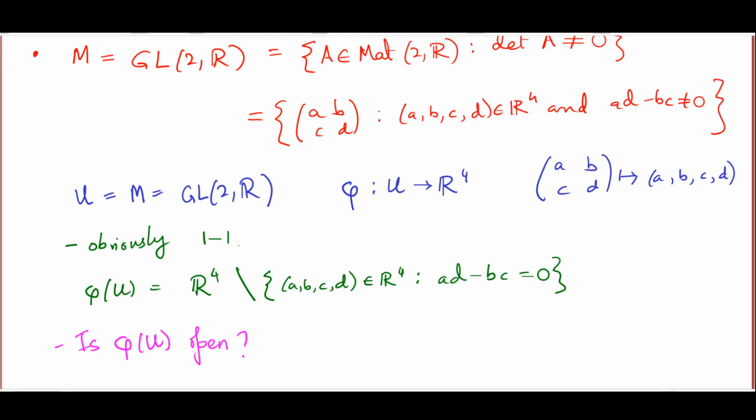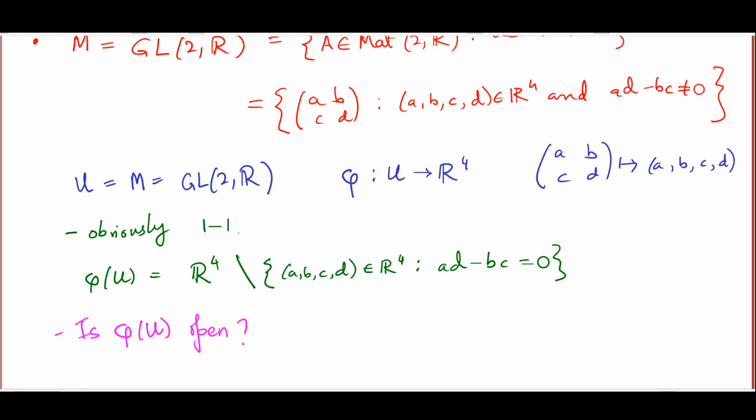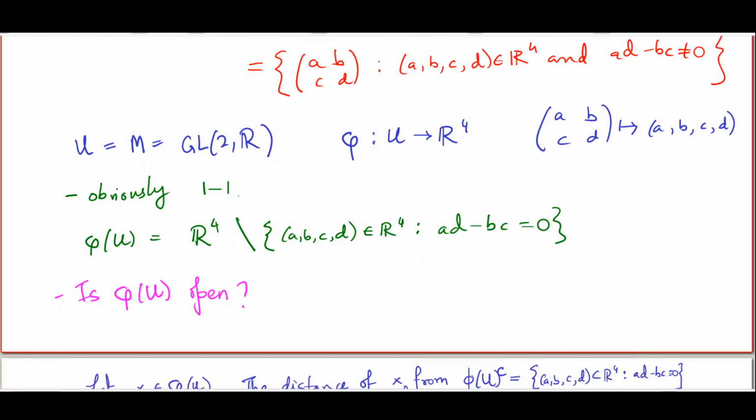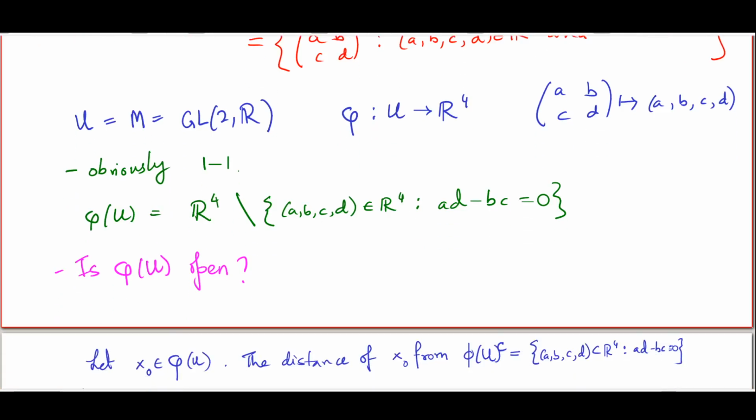To see this, let us consider an arbitrary point x0 in the image phi of u. Now this point obviously is not in the complement of the image, phi u c, and so we can define a distance of the point x0 from phi u c. Phi u c is of course this particular set of tuples (a, b, c, d) belonging to R4 with AD minus BC equal to 0.